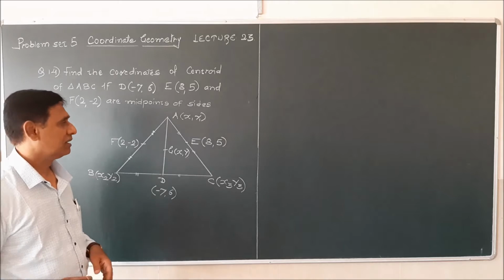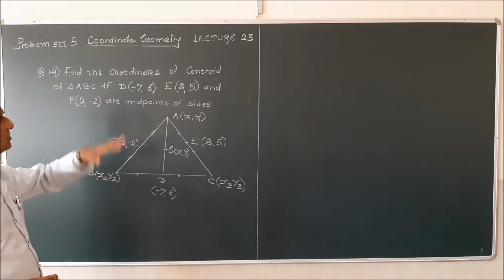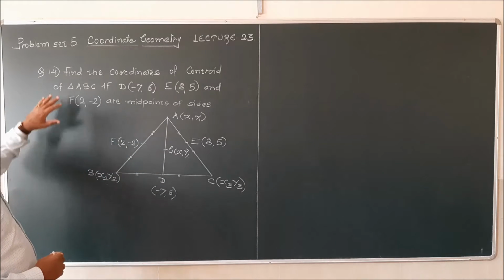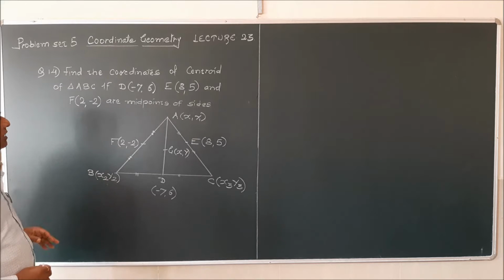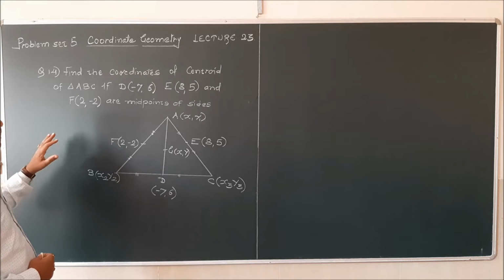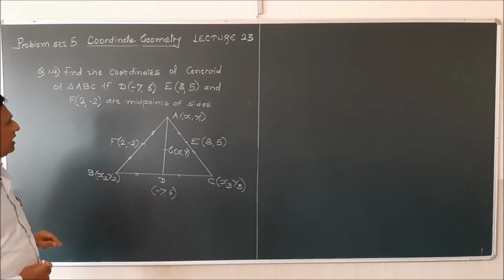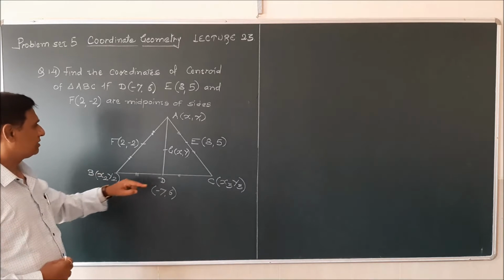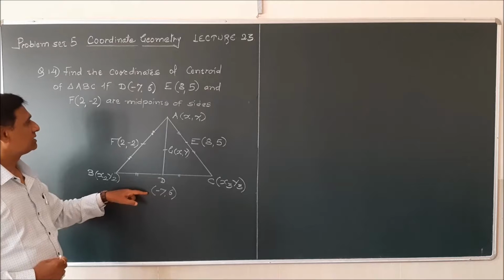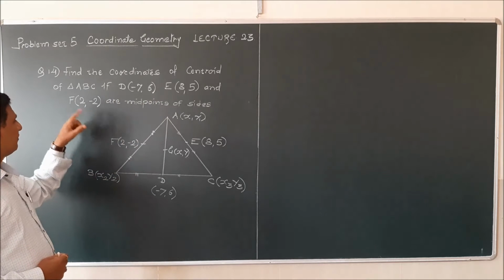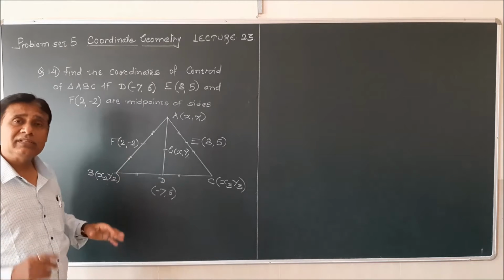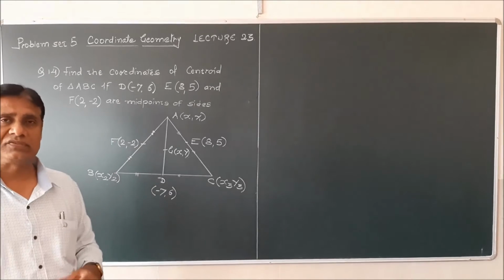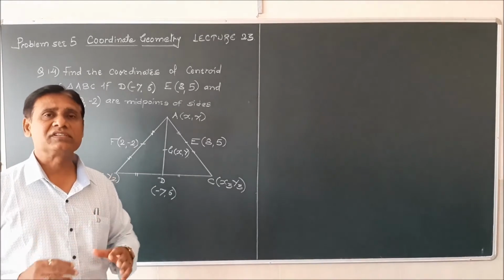Okay, alright. Now let's begin today's lecture number 23, question number 14. Find the coordinates of the centroid of triangle ABC if D is (-7, 6), E is (8, 5), and F is (2, -2). But in this case, they have given us the midpoints of the sides.